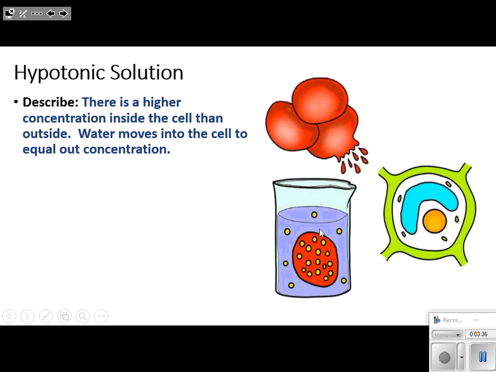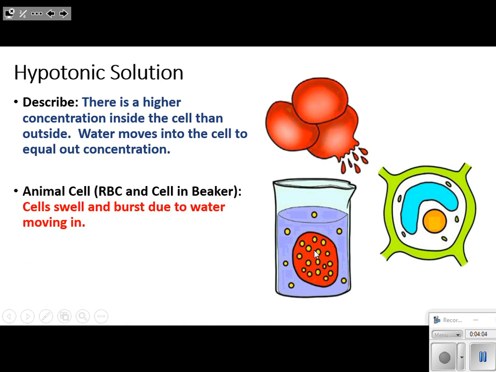So in a hypotonic solution, the water will move into the cell to try to equal out the concentration. Obviously, we can see that there are a heck of a lot more yellow dots inside than outside, so water is going to move inside that cell. Now, what happens?